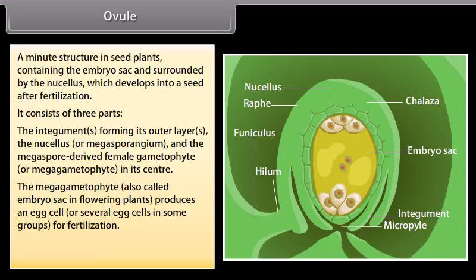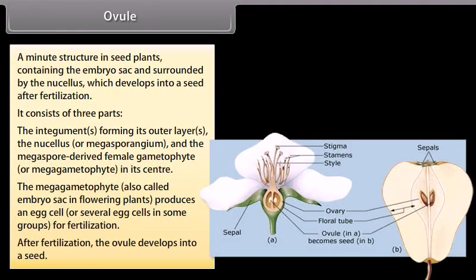The megagametophyte, also called the embryo sac in flowering plants, produces an egg cell or several egg cells in some groups for fertilization. After fertilization, the ovule develops into a seed.